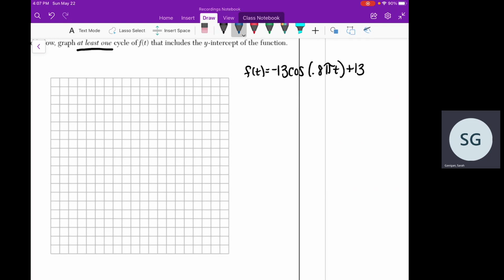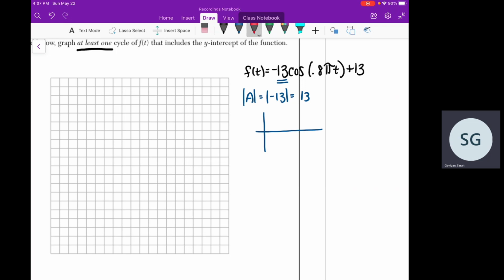All right, so first thing we want to notice is that the amplitude here, my A value, is going to be 13. But since it's a negative A value, that means it's going to be an upside down cosine curve.